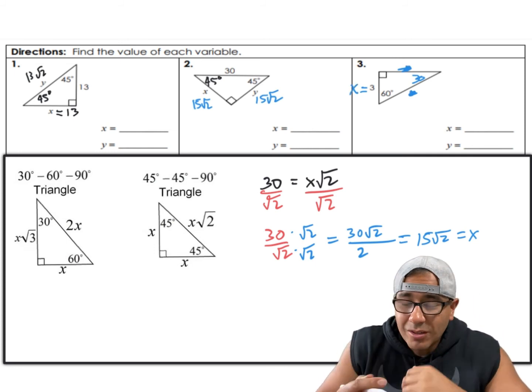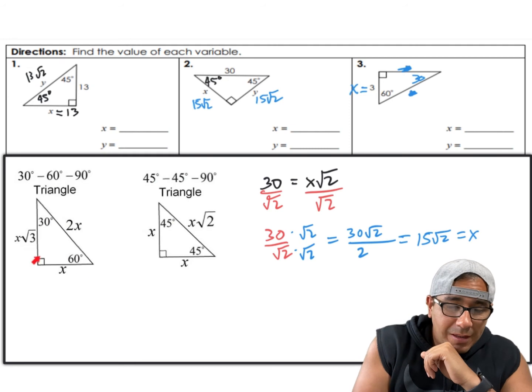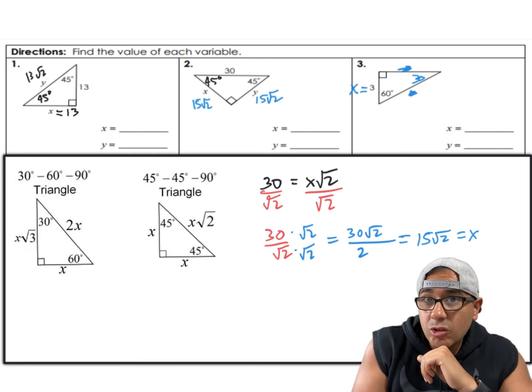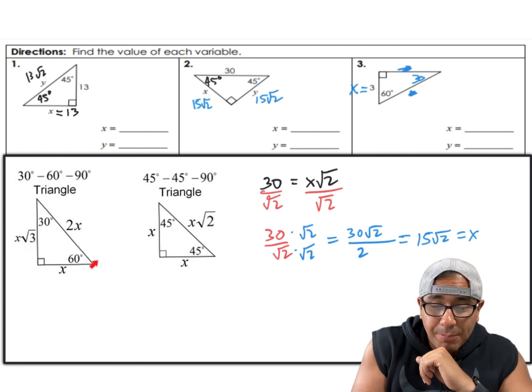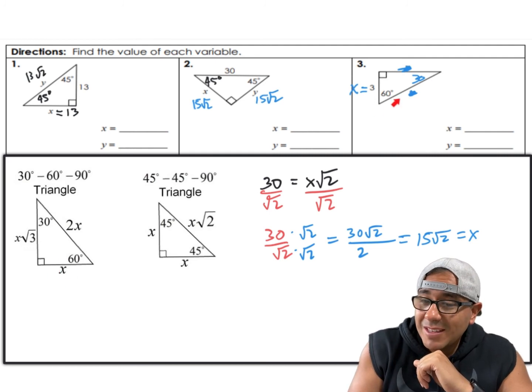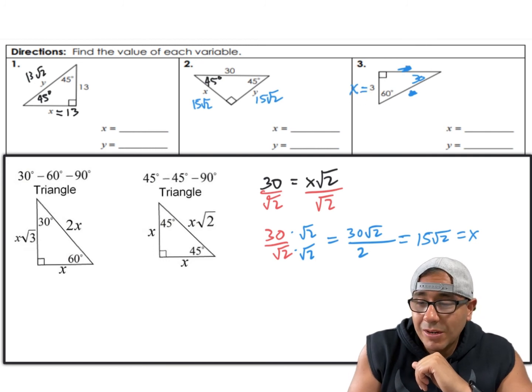According to this property, whenever you know the side opposite 30 degrees, that's your shortest side. And your hypotenuse, your longest side, is going to be twice as long as whatever this is. So our longest side right here, which is your hypotenuse, is going to be twice whatever that is. So this is going to be 6.